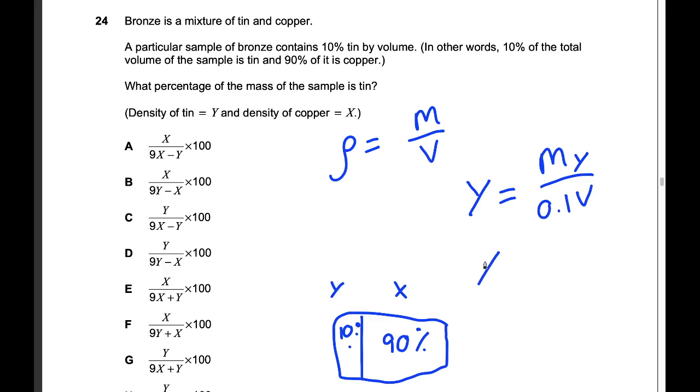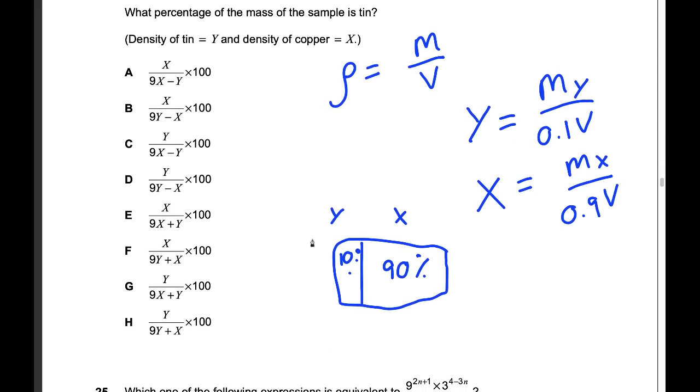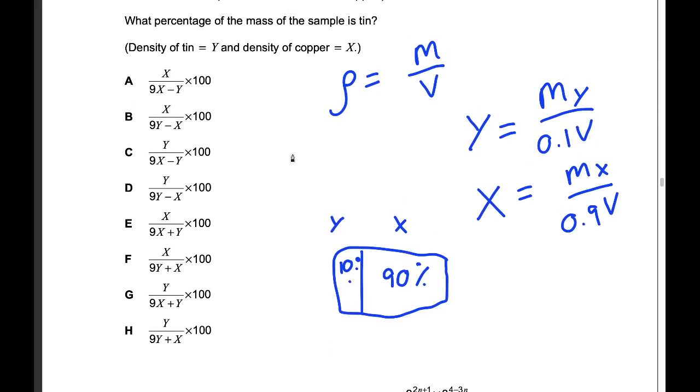With x, I can do a similar thing. x is equal to the mass of copper, mx, over 90% of the volume, 0.9 times V. So what I'm actually trying to work out is the percentage by mass of the sample that is tin.